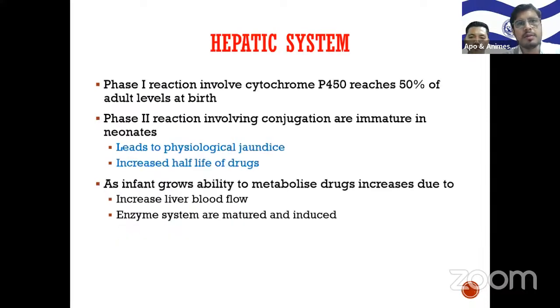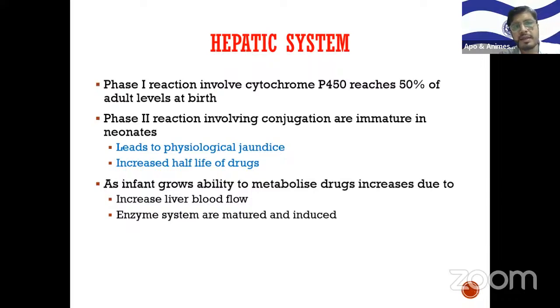Thank you, sir. So next is the hepatic system. In the hepatic system, the phase one reaction system, which involves cytochrome P450, reaches up to 50% of the adult levels at birth. While the subcomponent of this cytochrome, like CYP3A, is fully developed and has adult levels at birth also.